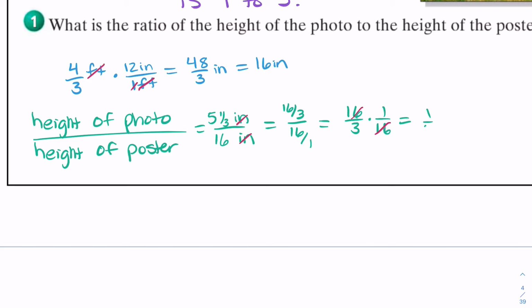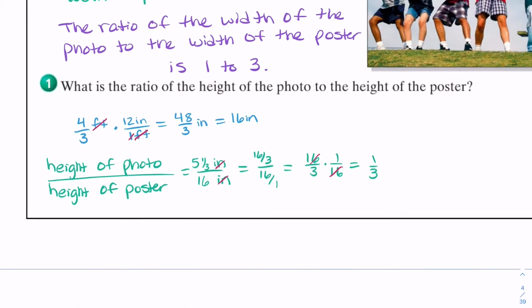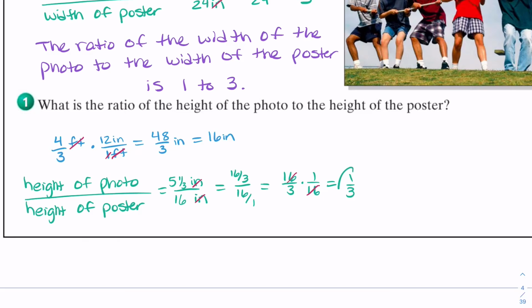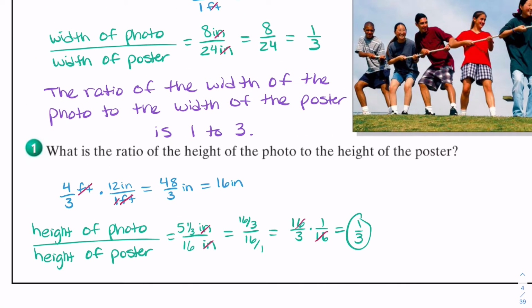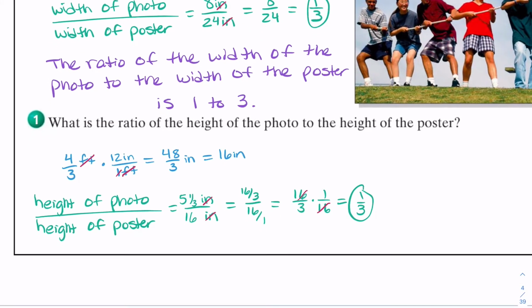Well, that should happen, right? Because it's the same as the width. The width is a 1:3 ratio, and so are the side lengths.